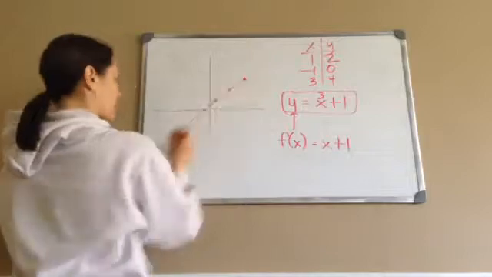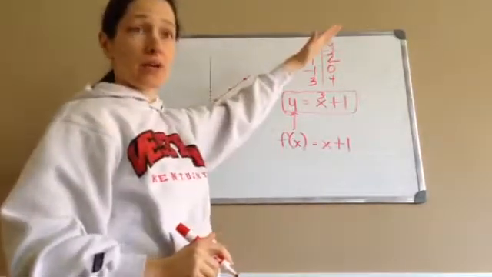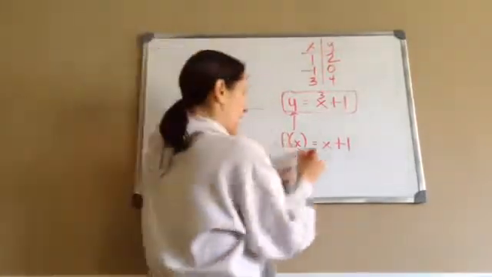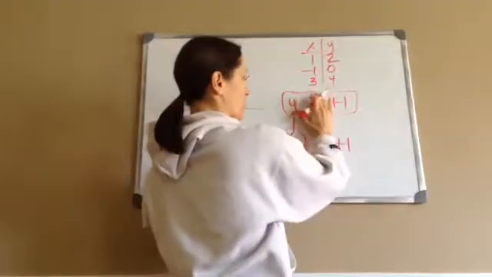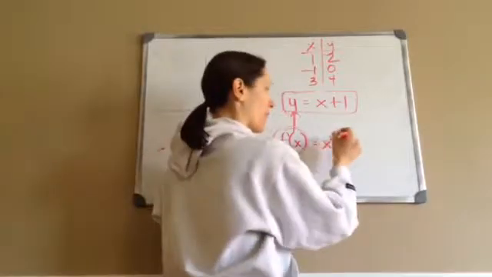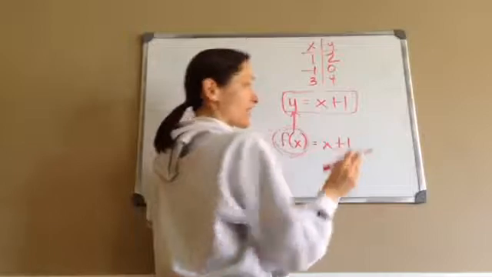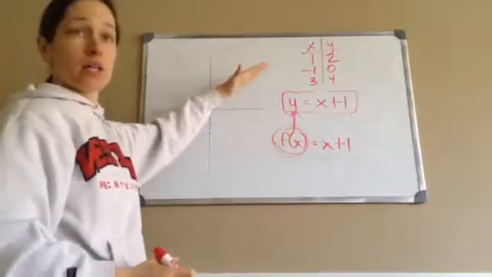It could be up here, it could be down here, it could be right here, but regardless, the line's going to be here. So the thing I want you to notice is that you need to make this f of x into y. And the next thing is that when you have just an x, not an x squared, not an x cubed, anything like that, guess what it's going to make? It's going to make a line.